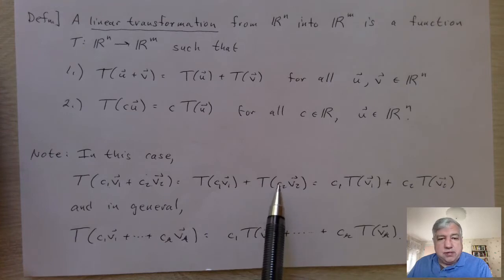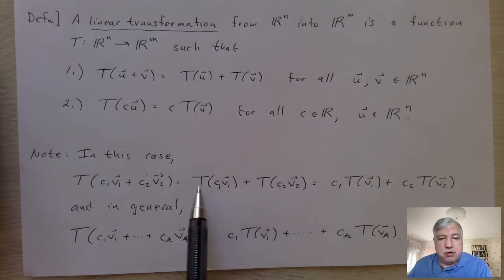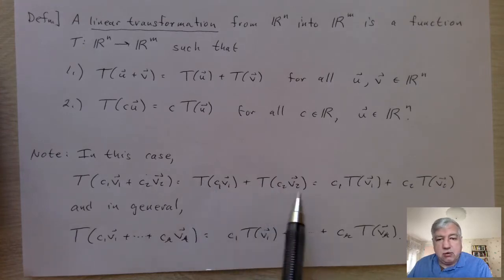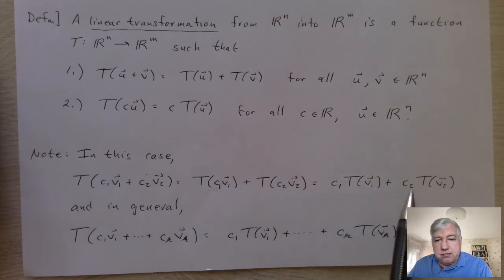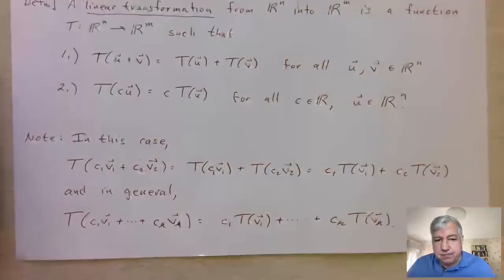Then because of the second property, we can pull these scalars out, and we get c1 T(v1) plus c2 T(v2). And we can extend this to any finite linear sum.